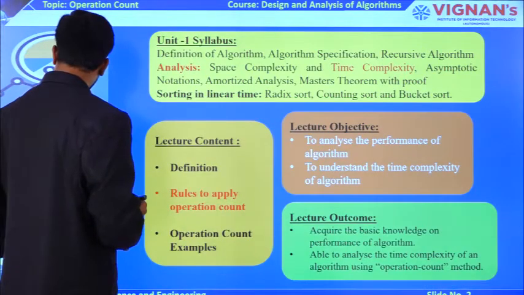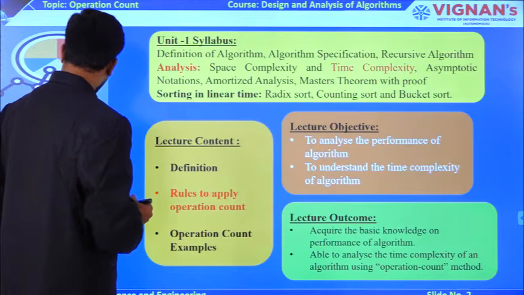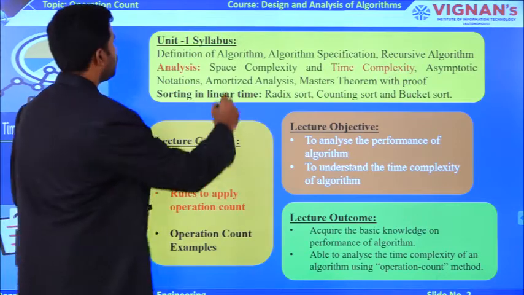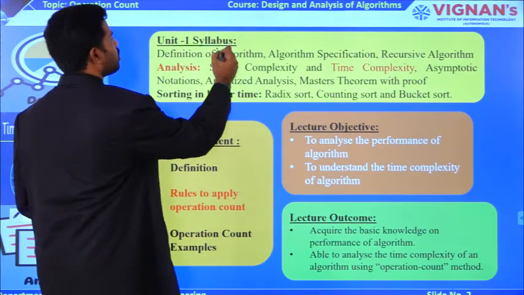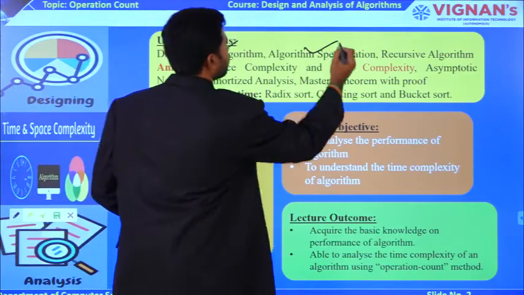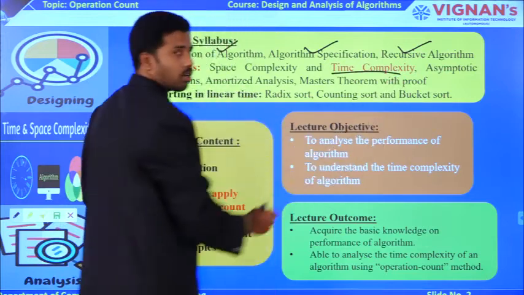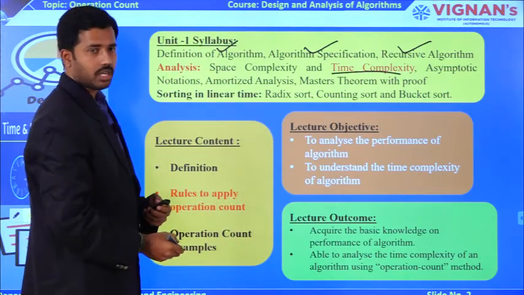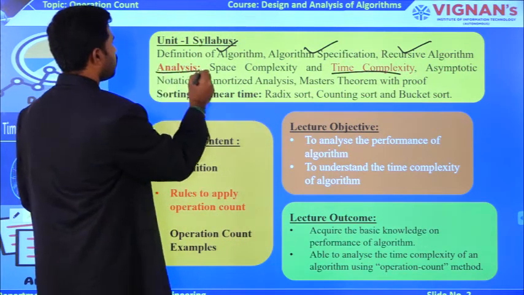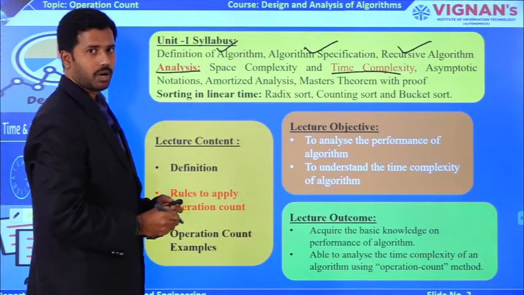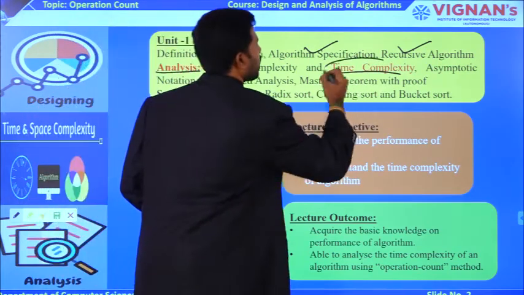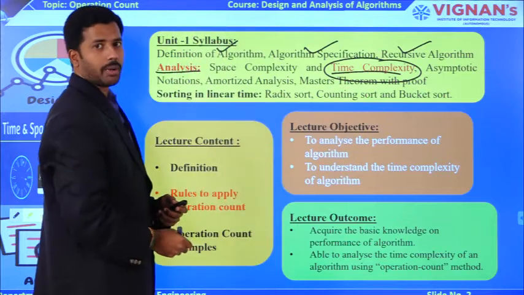This is your unit 1 syllabus. In the last classes, we have completed the definition of an algorithm, algorithm specifications, recursive algorithms, and how to measure the time complexity of an algorithm with the step count method. In the current class, we are going to discuss the analysis part: how to measure the time complexity of an algorithm with the help of operation count.